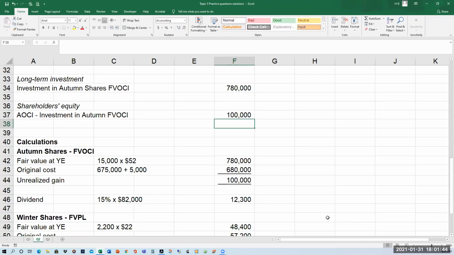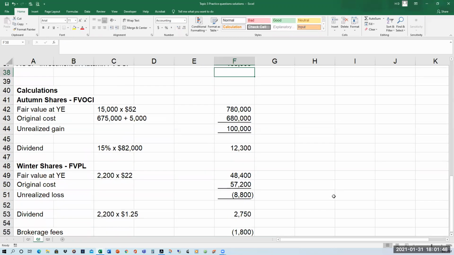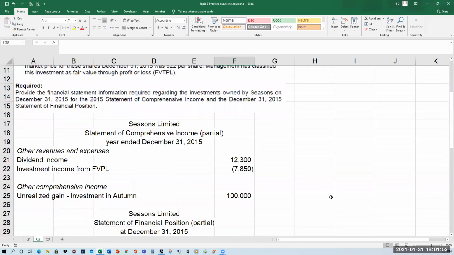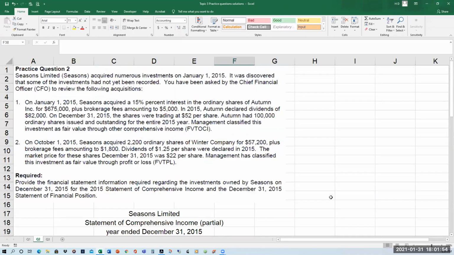OCI is closed against accumulated OCI. It doesn't go through retained earnings while the shares are still being held. So that concludes practice question number 2.